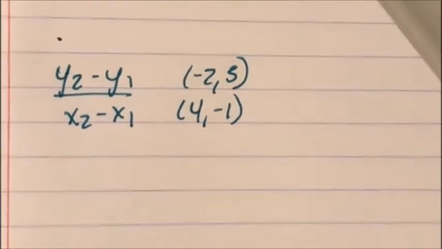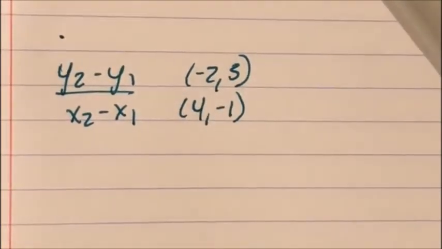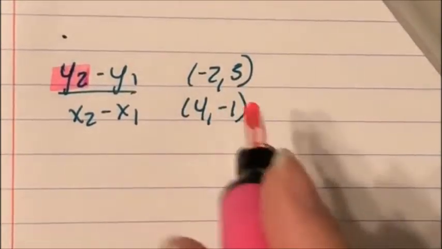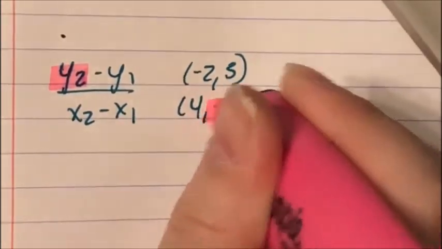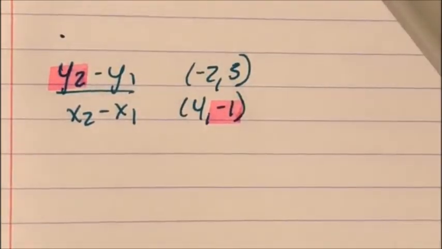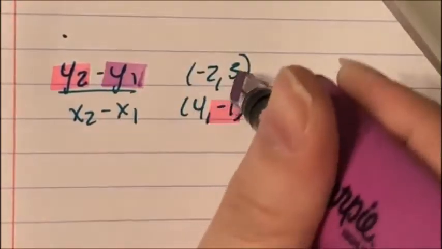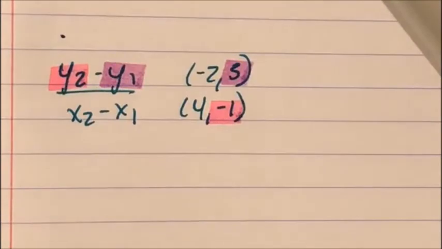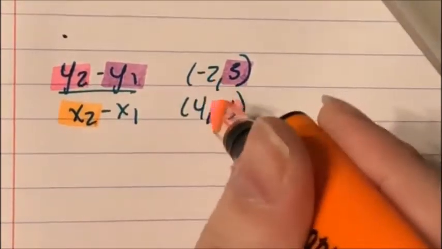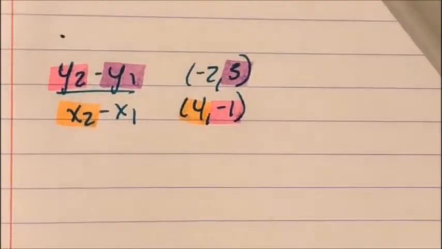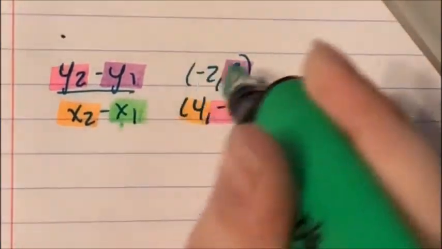So the first thing I want to do is look at what I'm trying to figure out. So y2, my second y point that I was given, is that one. Minus y1, first y point, over x2 minus x1.